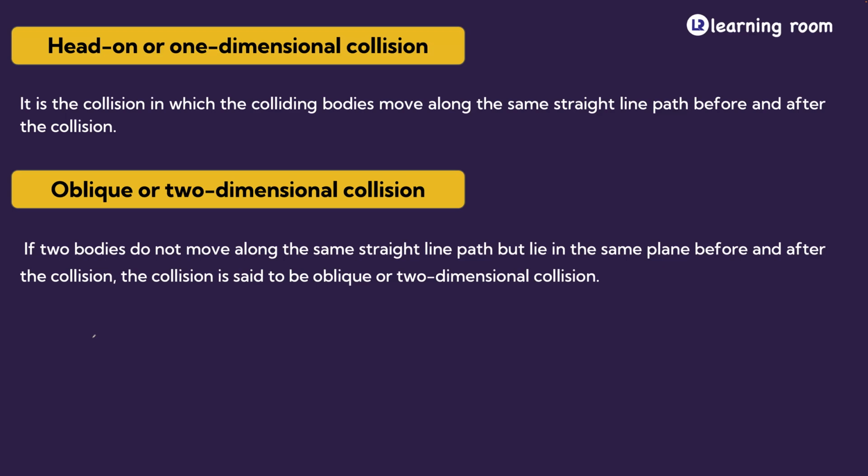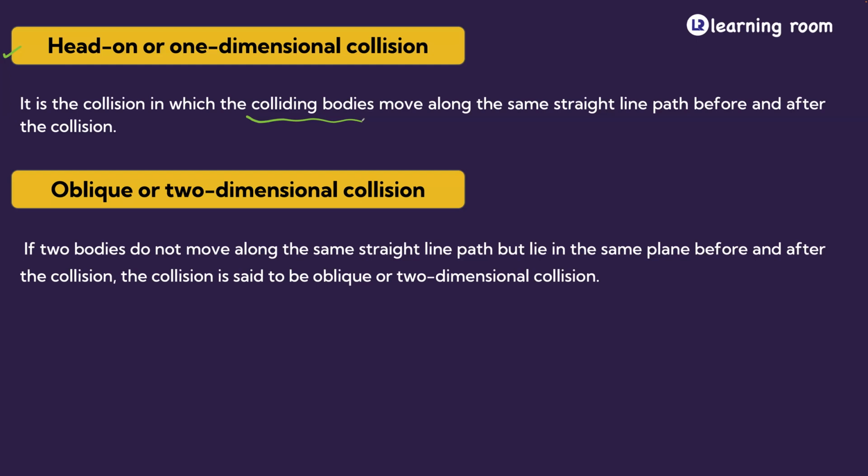Now, based on the directions or the orientation along which the collision is going to take place, they are again further subclassified as head-on collision or one-dimensional collision. Name itself is suggesting head-on collision, or one-dimensional, meaning if the collision is taking place in such a way that the colliding objects move along the same straight line path before and after the collision.